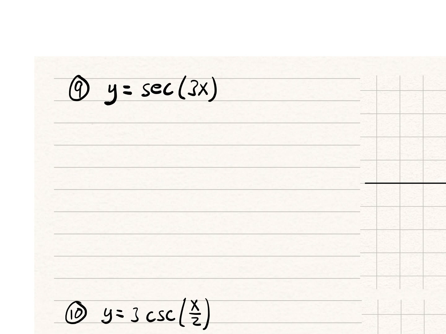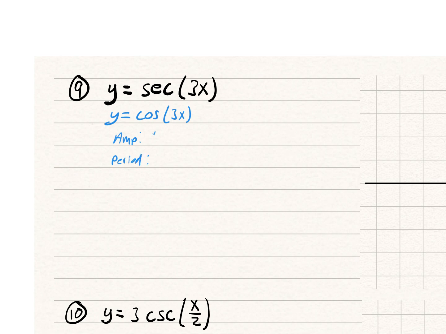So I'm first going to graph the reciprocal function. And keep in mind the reciprocal of secant is cosine. So I first want to find all the properties of cosine of 3x. And then with this function, I can answer my amplitude, period, and if there's any reflections.